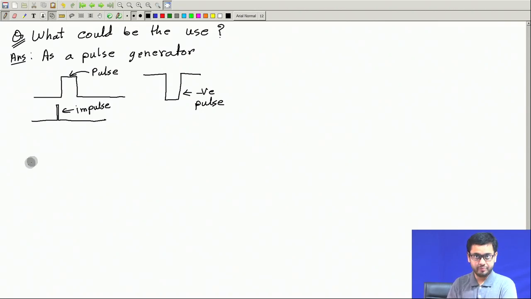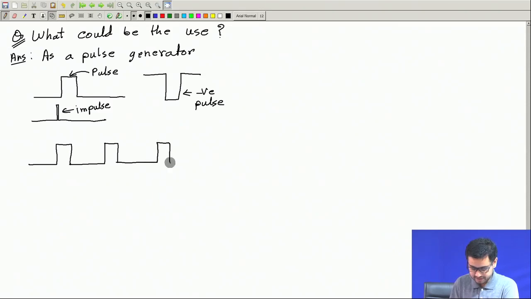We are not talking about impulse now, we are talking in general about pulse. And we can also have a pulse train, which means a repeated sequence of pulses. This is a pulse string.